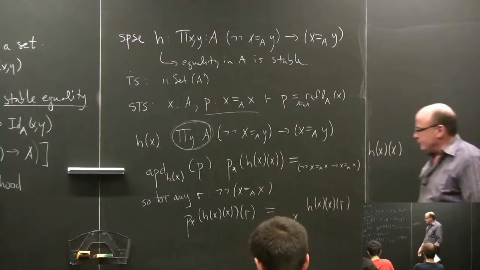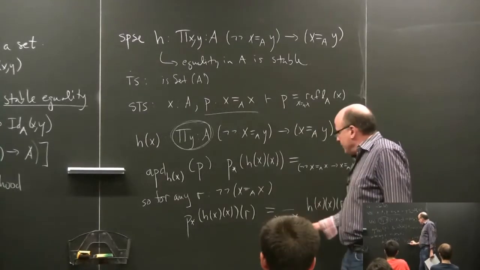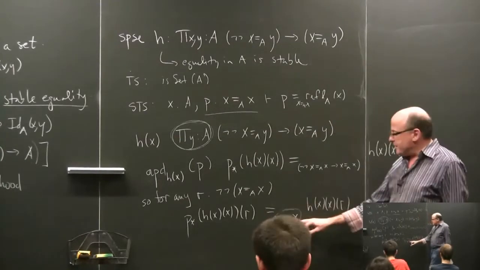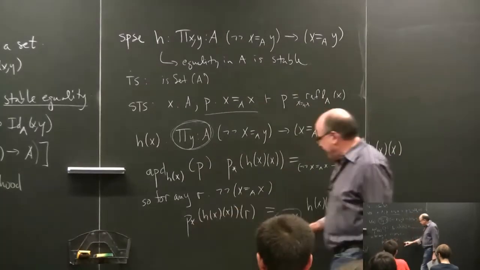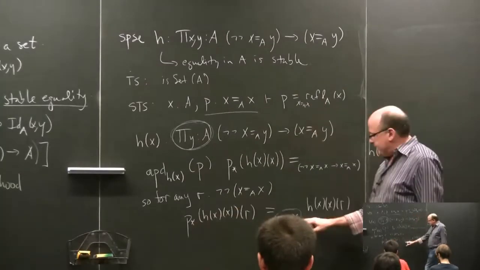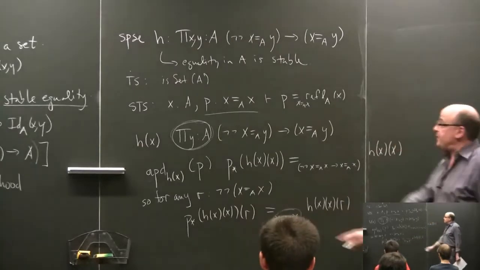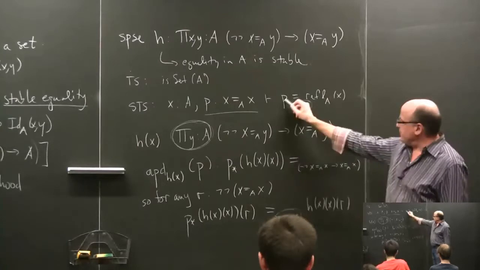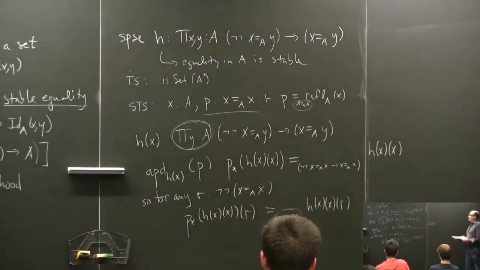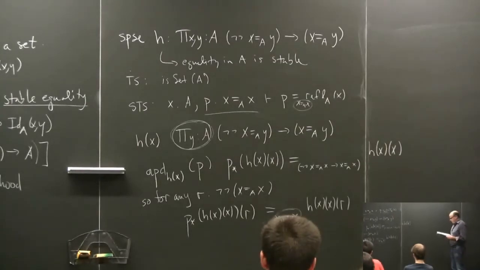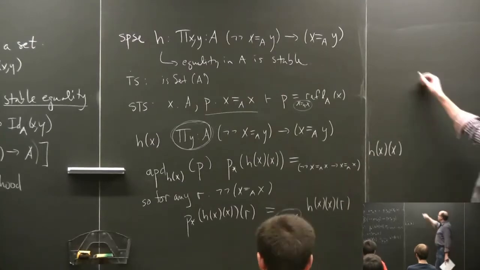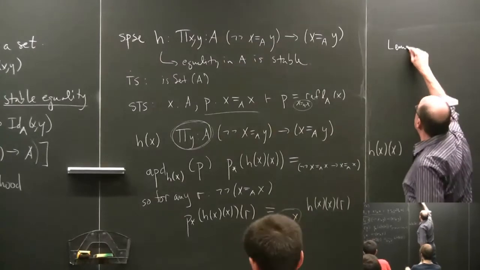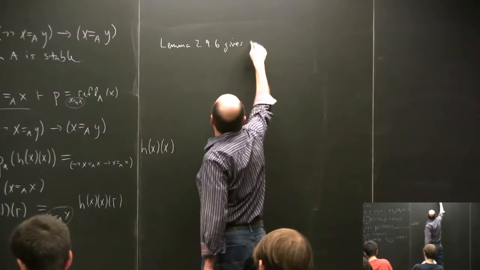So you can see we're getting somewhere, because we're getting toward something that seems to involve p being equal to something else within the right space, because we're trying to show an equation in that type. That's what I'm trying to do. Now there's a lemma that I didn't do at the board. If you look at the book, lemma 2.96 gives us this.